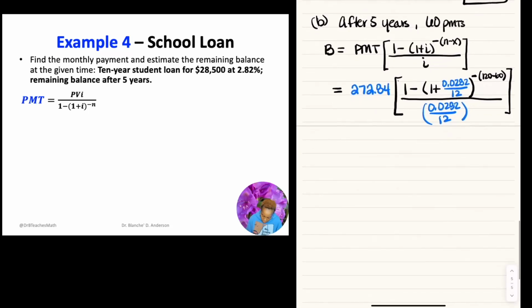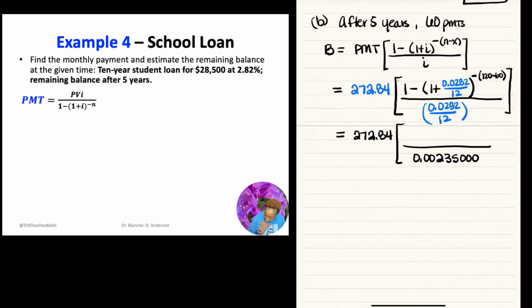Okay? So now let's just do the math. 272.84. The denominator, when I did the denominator, I got 0.00235. The numerator, you can do that part first or second.